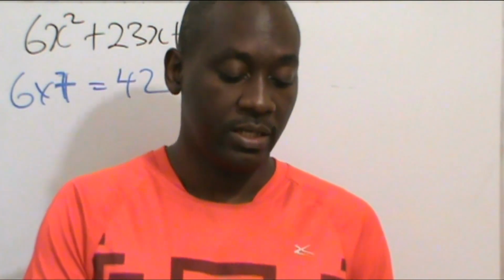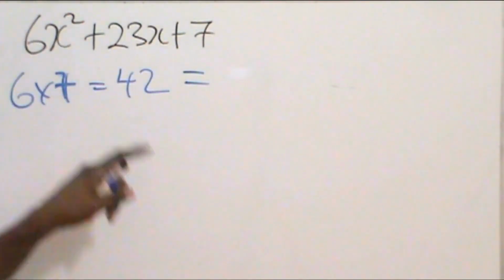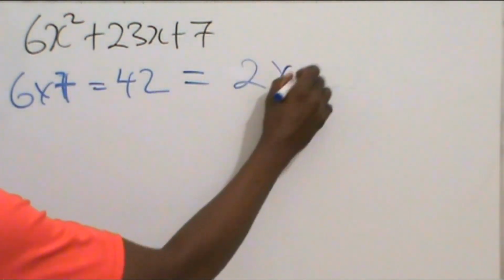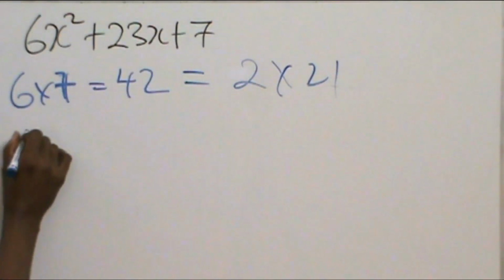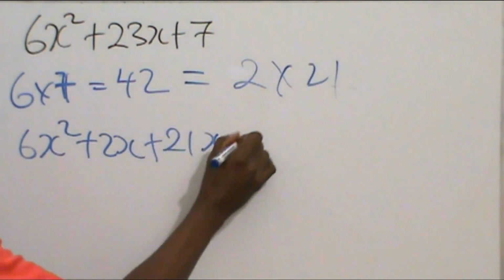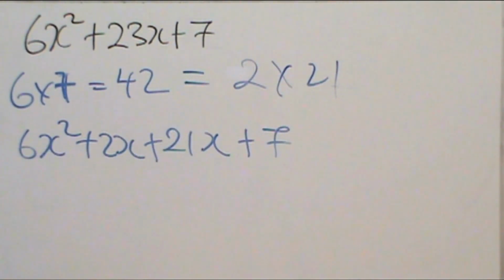And of course, the two factors which will add to give you 23, which is the coefficient in the middle here, would be 2 by 21. Alright, so then you write this over as 6x squared plus 2x plus 21x plus 7. And here now you factorize by grouping.